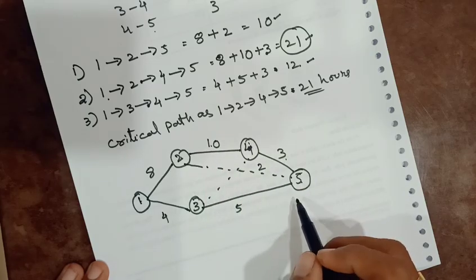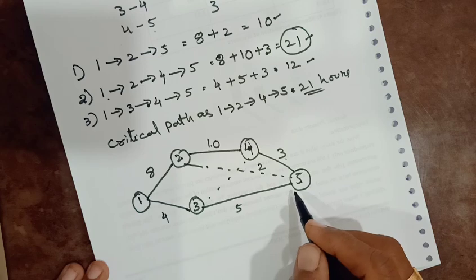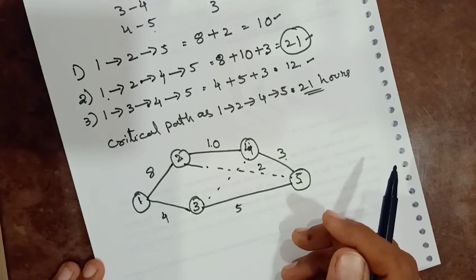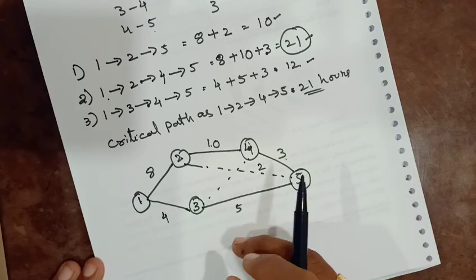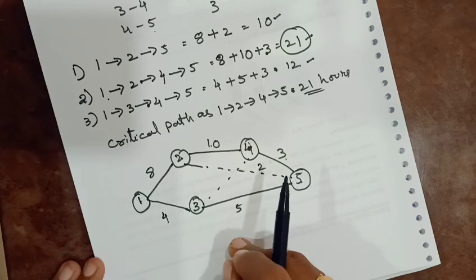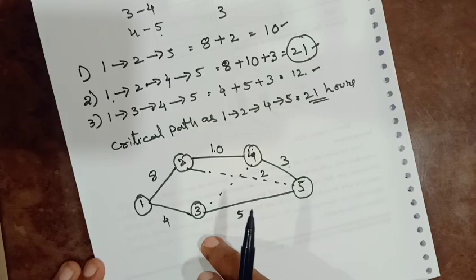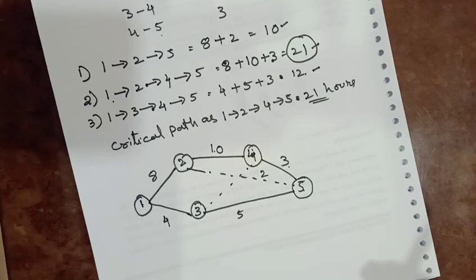So this is how we solve the CPM based problem, and this is how we draw the network diagram for this. Also, we can calculate the floats using the earliest time and the latest time, as I have already discussed in the previous video.